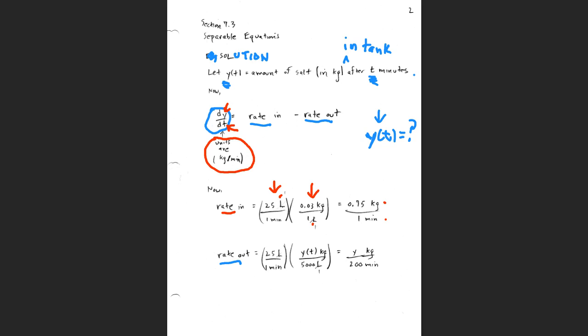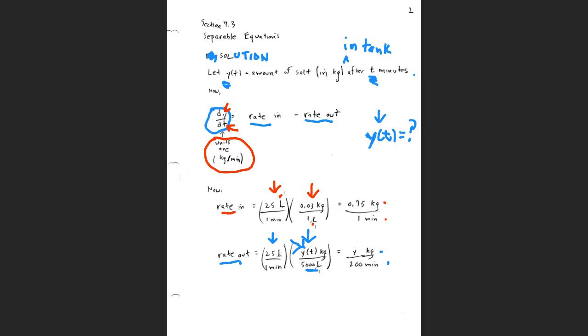Now the rate of salt going out of the tank. The solution flows out at 25 liters per minute, and the concentration of salt in the solution is equal to the amount of salt in the tank, which is your y of t, divided by 5,000 liters, because the tank contains 5,000 liters. It's not pure water because you have 20 kilograms of salt dissolved in the water, but the point is the tank holds 5,000 liters.